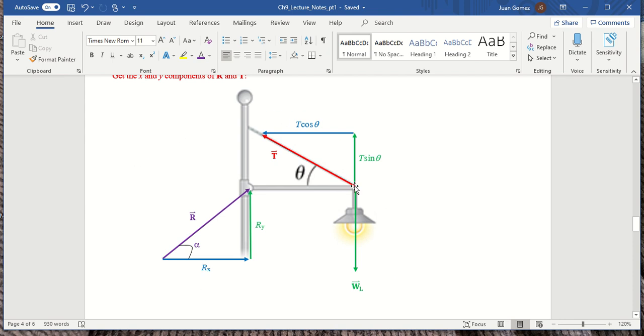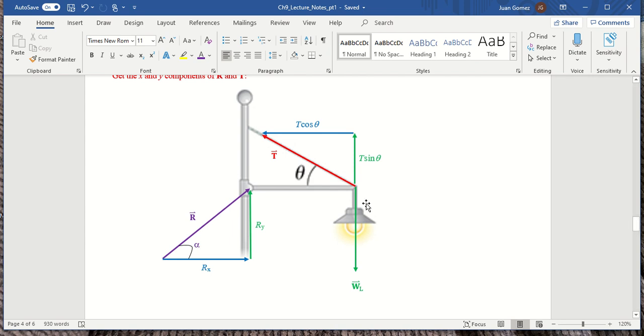If you pull on the support beam with that tension force and it's pivoted here, that's going to cause the beam to rotate counterclockwise. What about the weight? Assuming the beam could rotate about this point, WL pulling down on it would cause the support beam to rotate clockwise. That might take some getting used to, but we'll work on that.